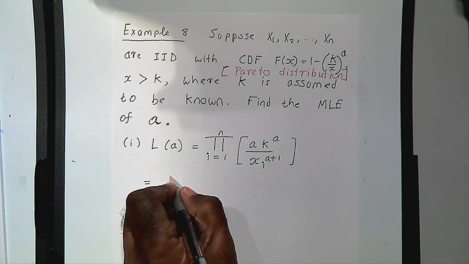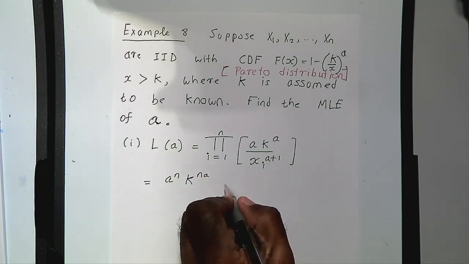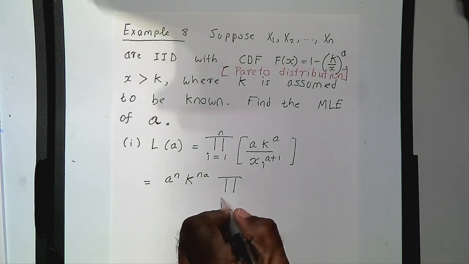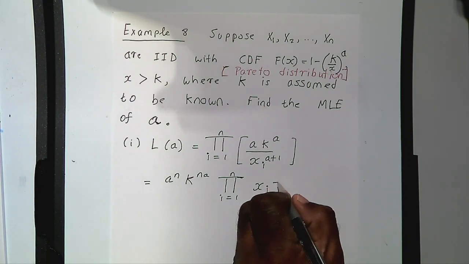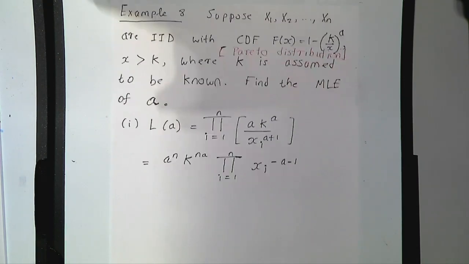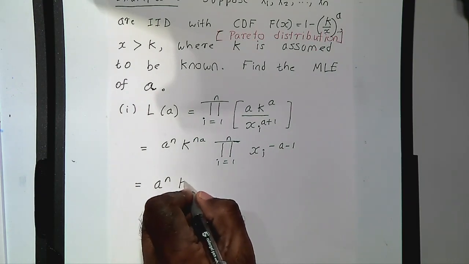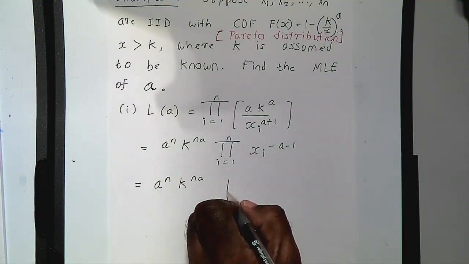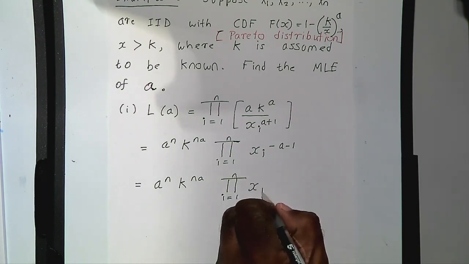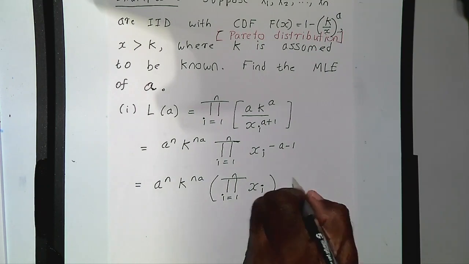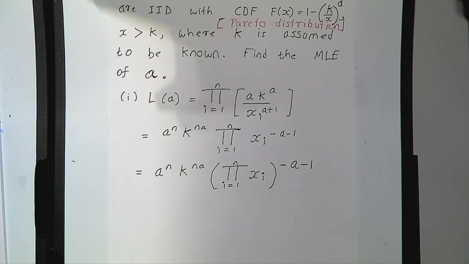Okay, and you can write this further as this. Okay, so this is the likelihood function.